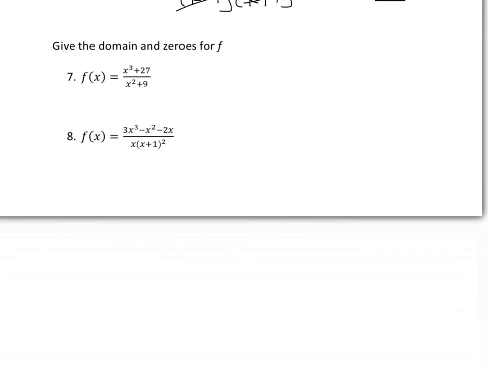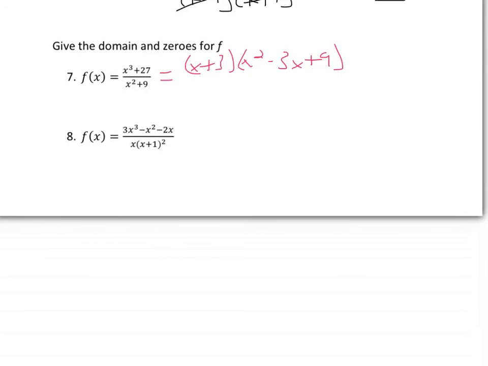So for 7 here, in order to get the zeros, you got to factor first. So we've got a sum of two cubes. So we've got x plus 3 times x squared minus 3x plus 9.